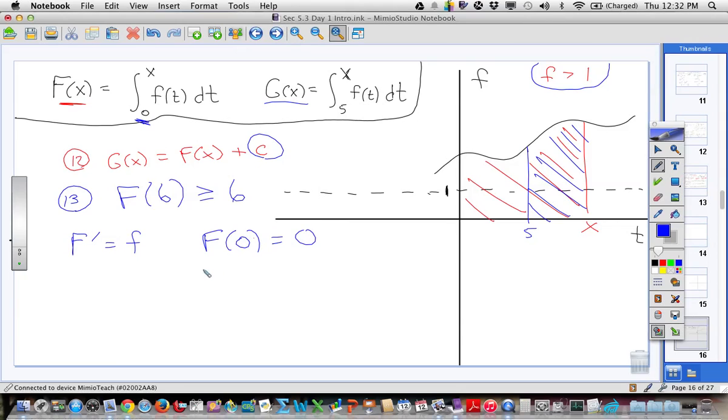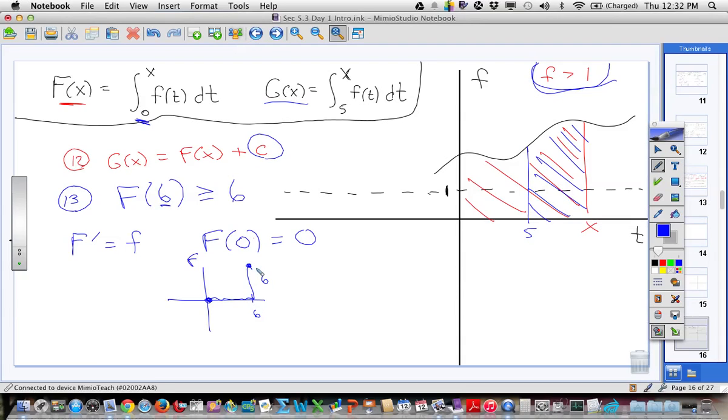So if I had a big F graph here, we know it would start here. Now they're asking me about if I went over to 6. Well, since my slope is always more than 1, if I go over 6, I've got to go up at least 6. And so therefore, big F of 6 has to be 6 or more.